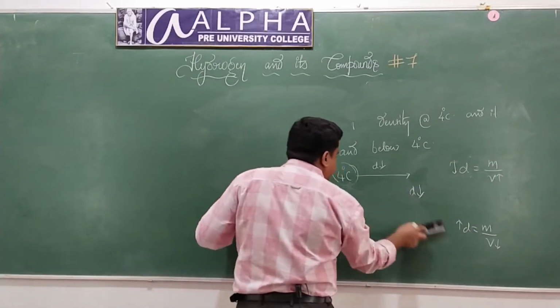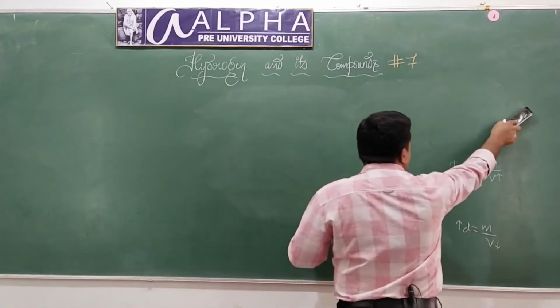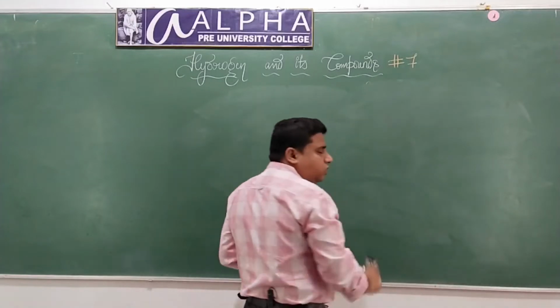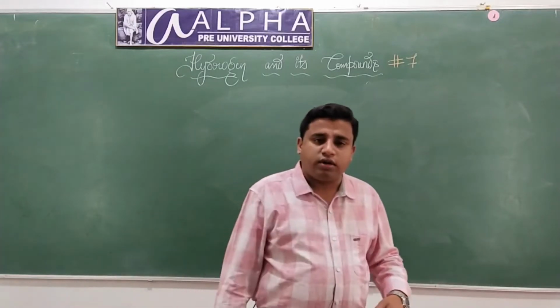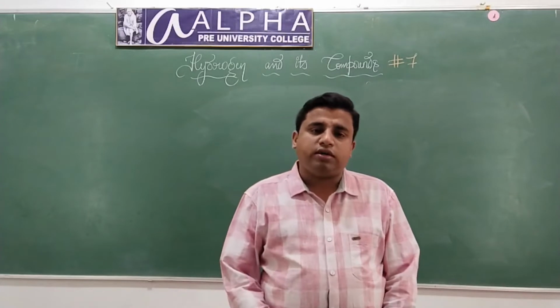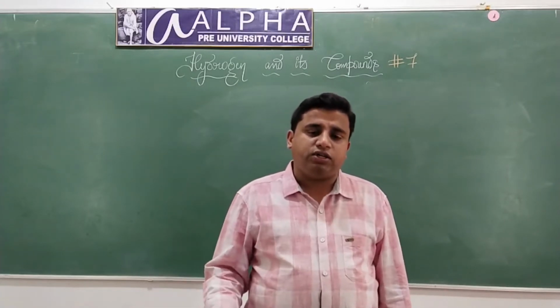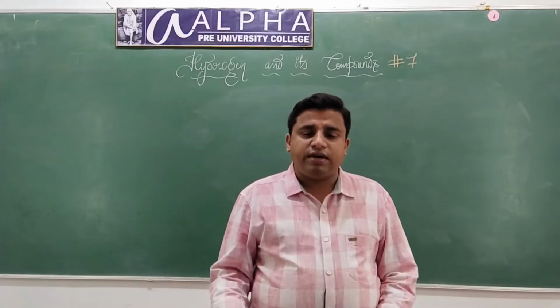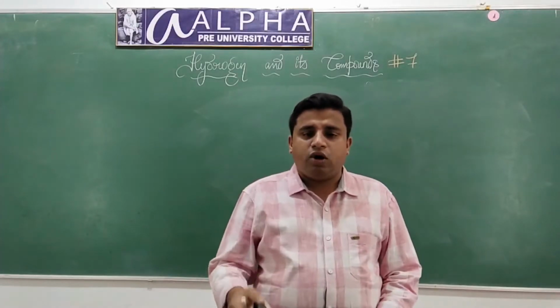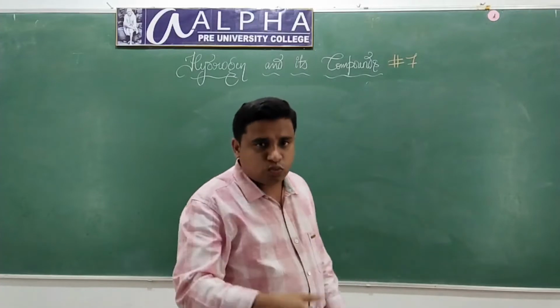Apart from that, we have discussed the polarity of water. Water is a polar solvent, isn't it? Why is water a polar solvent? Because of the electronegativity difference between oxygen and hydrogen, there is a net dipole moment. Please watch my previous video on dipole moment.